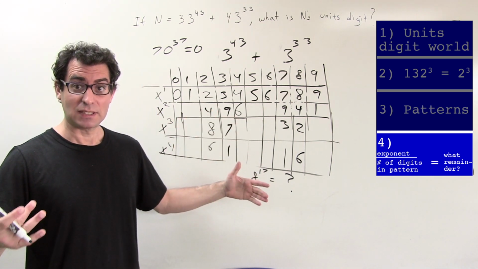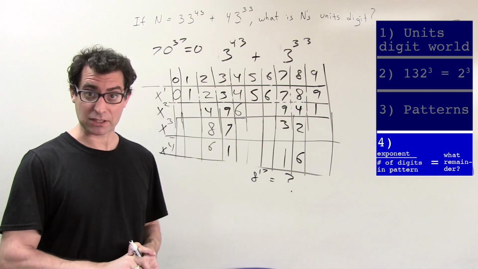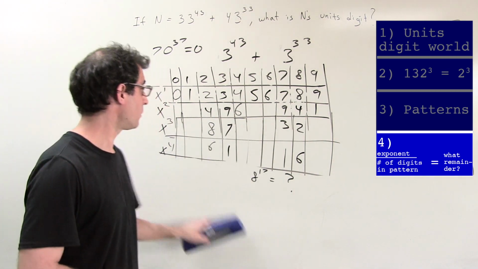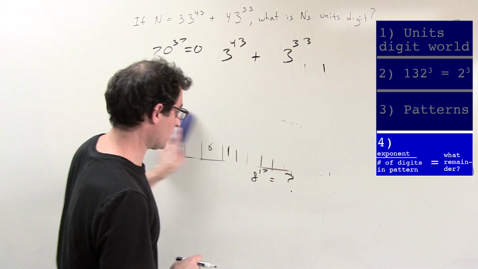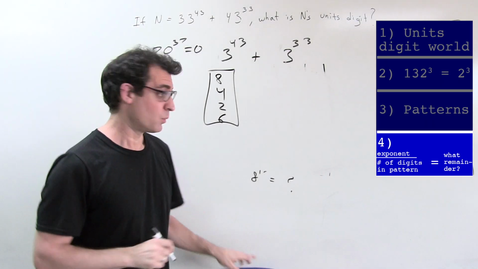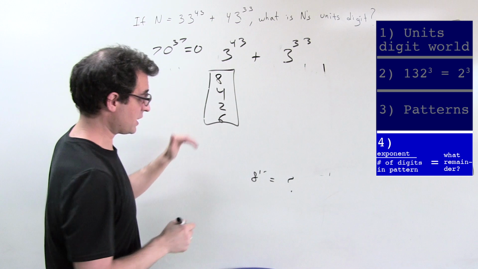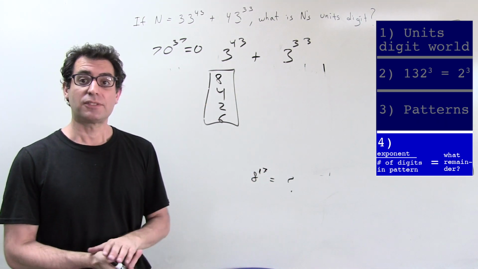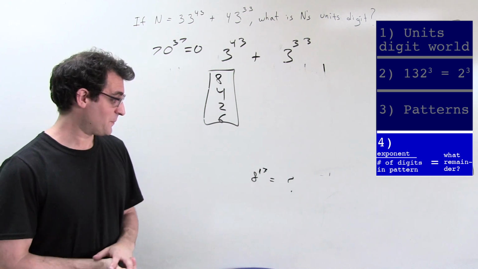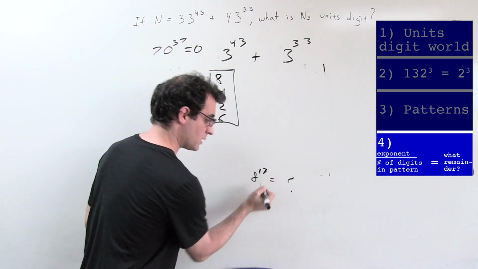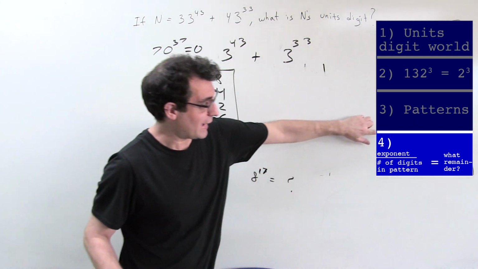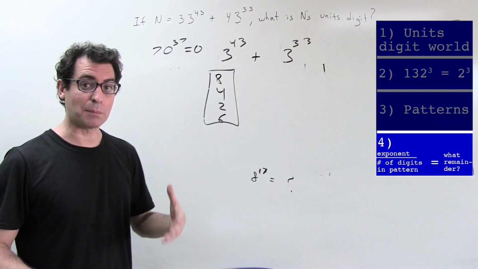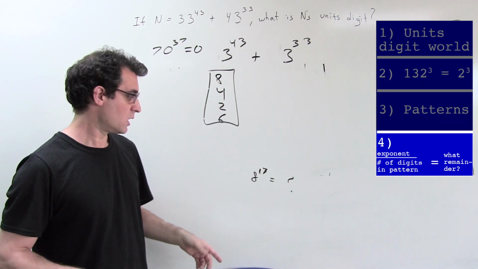Next step is to figure out the pattern for 8. Well, the pattern for 8 is 8 times 8 is 4. We have our 8, 4, 2, 6. It is a 4-digit pattern. Finally, we're going to take the exponent, 17, and divide it by the number of digits in the pattern.